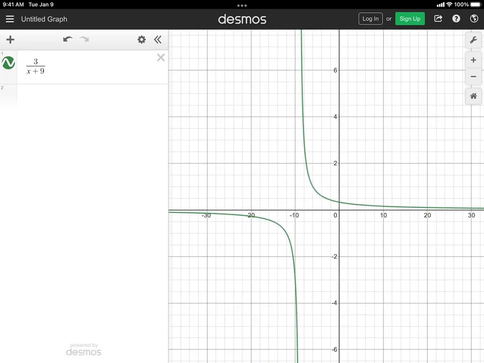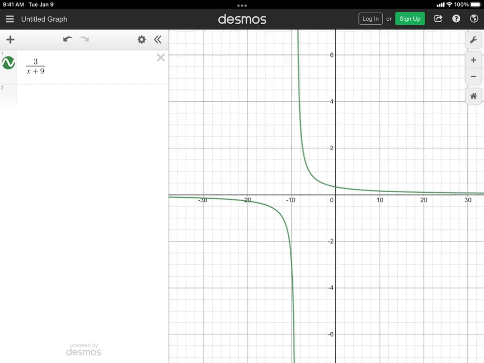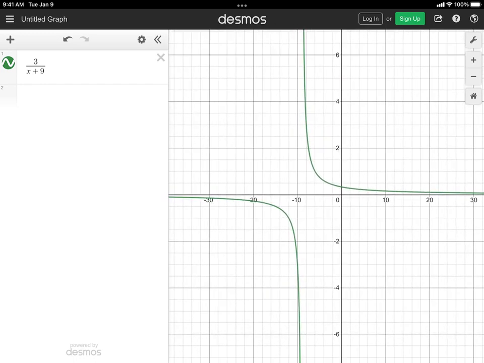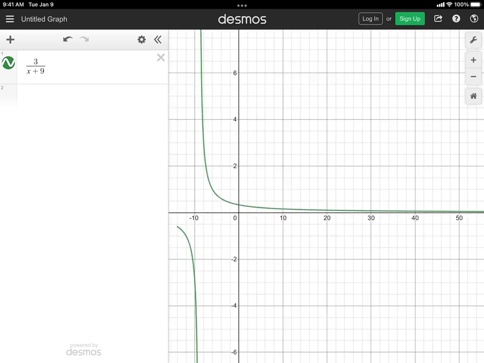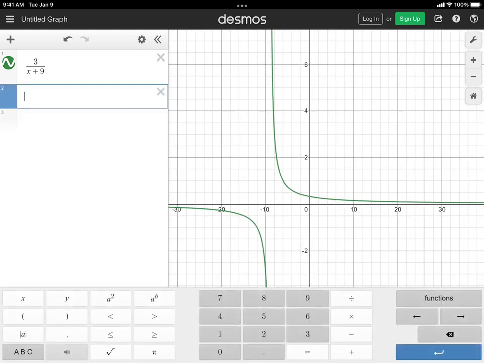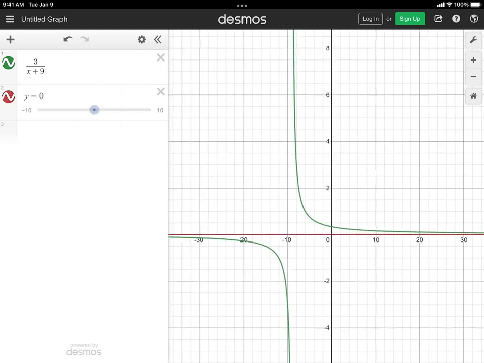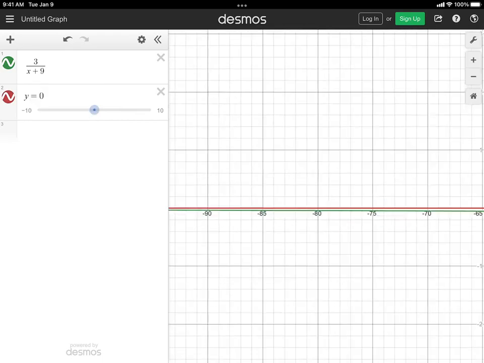How far down and how far up? Well, since we have this rational function, these curves are going to be hugging something horizontally, which is our range restriction. And it looks like they're both hugging y equals 0. If we plug in y equals 0, we can see that that's the case. This curve is never going to touch y equals 0, but it's going to get really close to it.